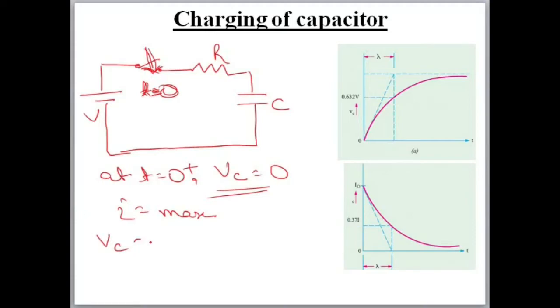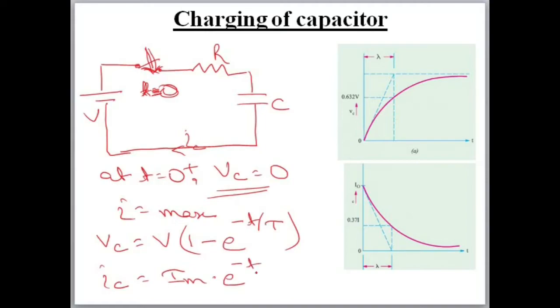So what is the equation? Vc is equal to V into (1 minus e to the power minus t by T). And what is the equation for current? Suppose this is the current IC. IC will be equal to Imax into e to the power minus t by T. What is T here?